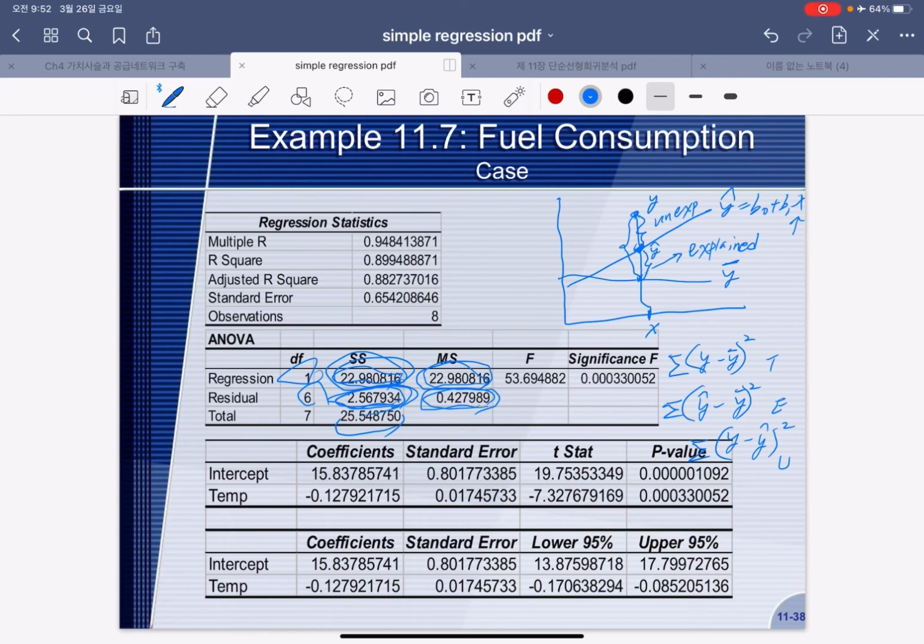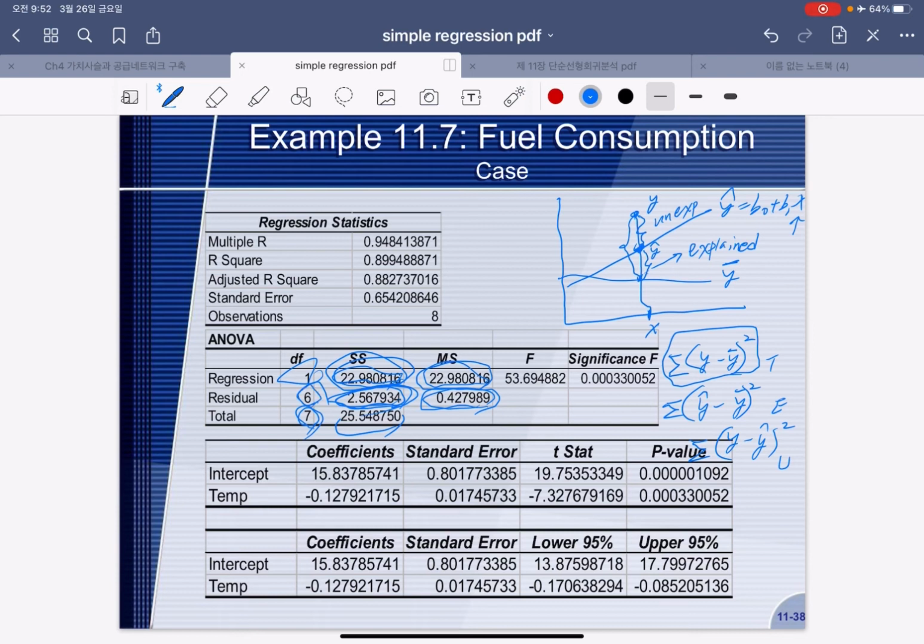Let's look at this one first, 7. Remember that we had this. In this case, we have a total of 8 observations, and then you use up 1 degree of freedom for computing y bar. So you subtract 1 from 8. That's why you get 7 here. Let's look at this one, 6.